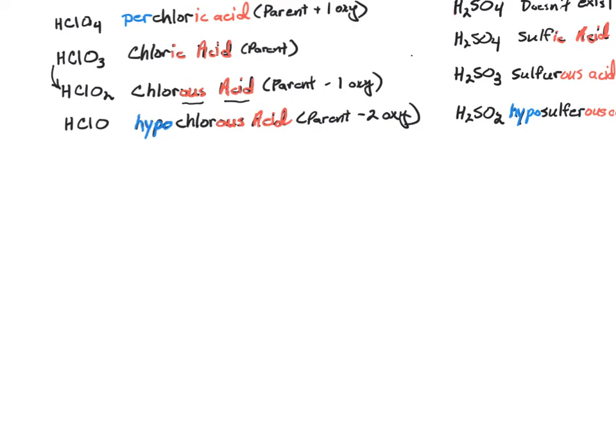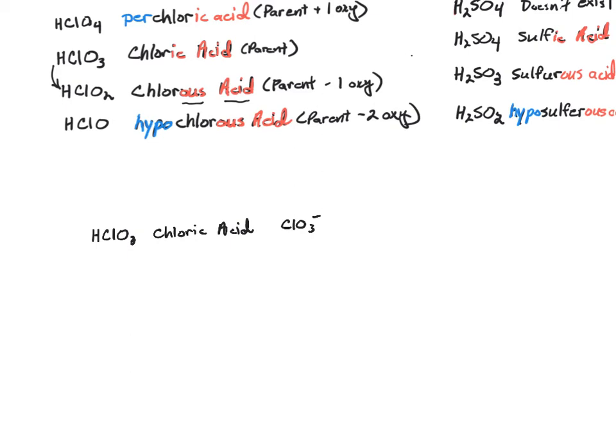So, for example, let's go back to HClO3, which we said was chloric acid. HClO3, when it loses an H, becomes ClO3 minus.